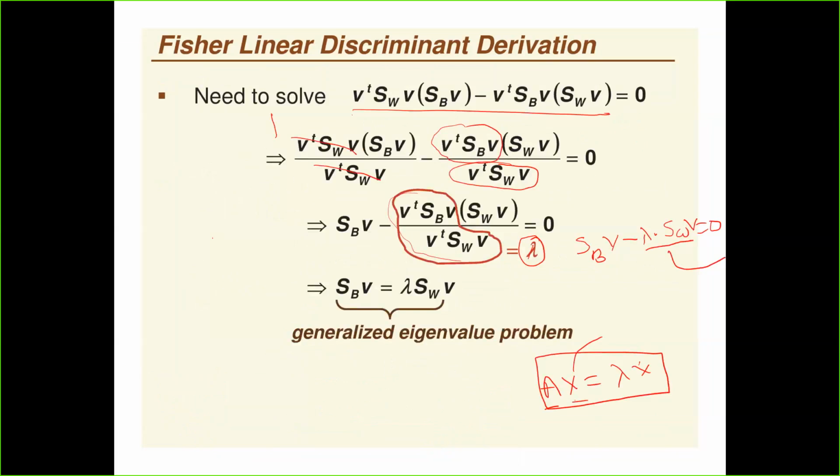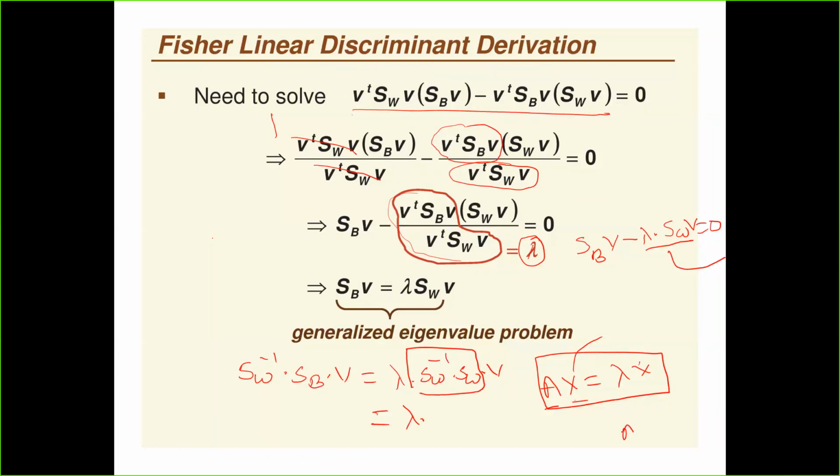So this is the generalized eigenvalue problem. Now, can I multiply it with SW inverse on both sides? SW inverse times SB times V equals lambda times SW inverse times SW times V. And what is this SW inverse SW?